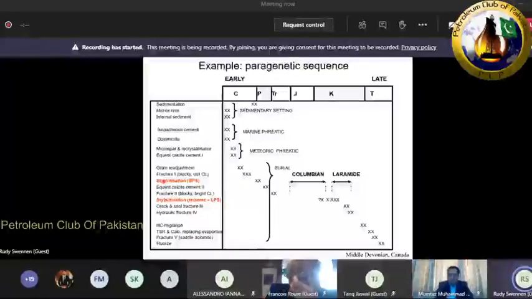We can also assume at what stage for one area the tectonic stylolites develop, and then we can separate the paragenetic sequence in different major episodes, so to say.